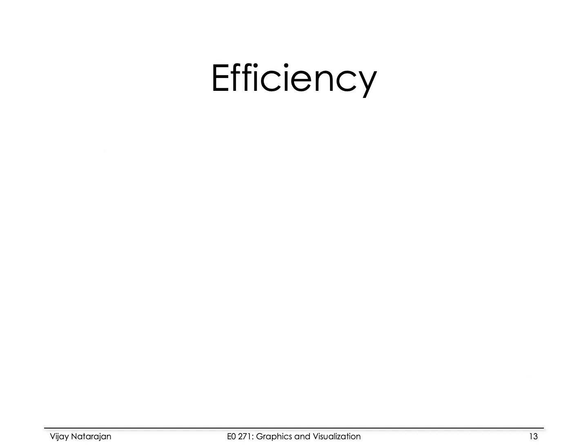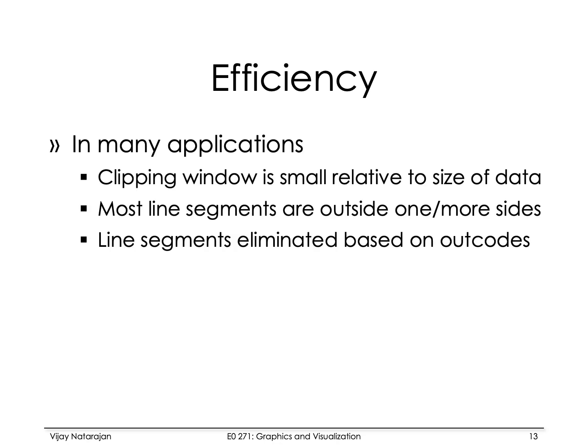So how efficient is this algorithm? In several applications, your clipping window is much smaller relative to the size of your data. Often you are looking only at a small part of the data. Or in the other case, you are looking at the entire data.